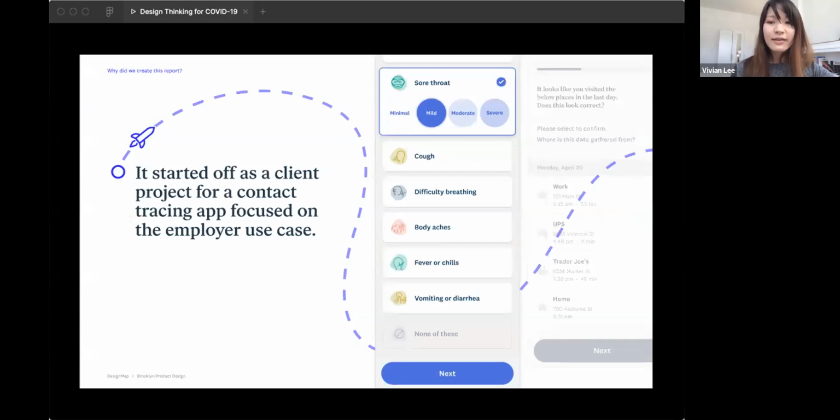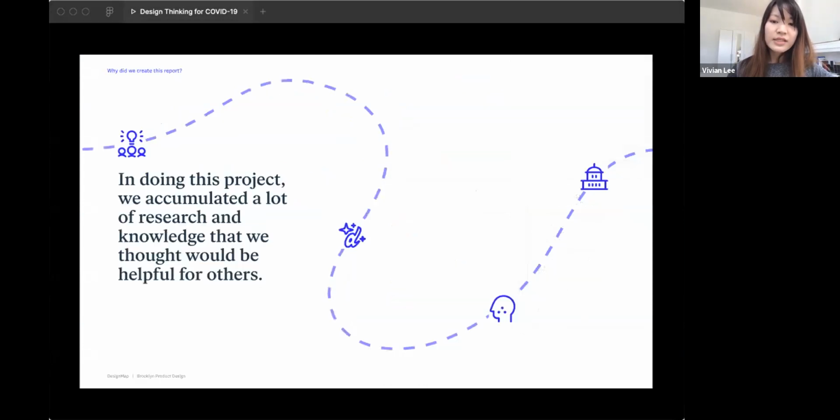It started off as a client project for a contact tracing app focused on the employer use case. And by employer use case, we mean the client was looking for a solution for employers to facilitate and manage bringing people back to work safely. In doing this project, we accumulated all this research and knowledge that we felt would be helpful to others, especially to the design community, people designing contact tracing technologies, as well as leaders in government and healthcare.